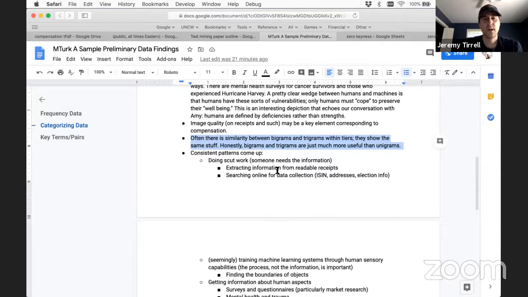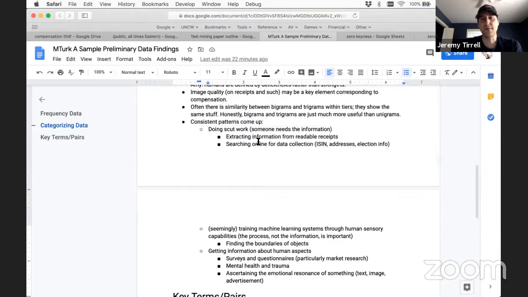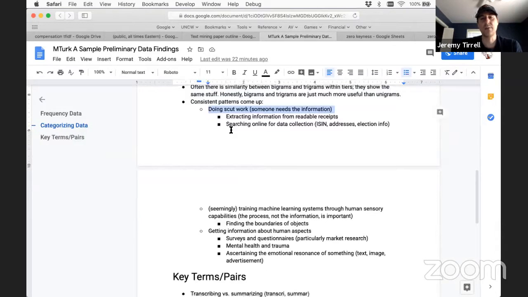Anyway, as we've been talking about, I was noticing these patterns. This is not a great parsing, but it's just things that pop up, what I was calling scut work. Someone needs some information. So, extracting information from readable receipts, searching online for data collection purposes. There's a whole cadre of ISINs, which are stock codes.